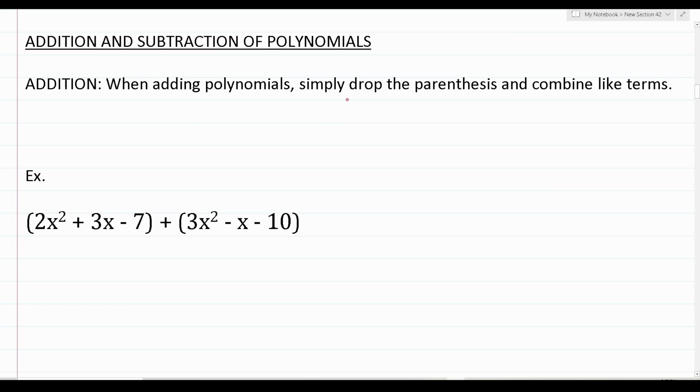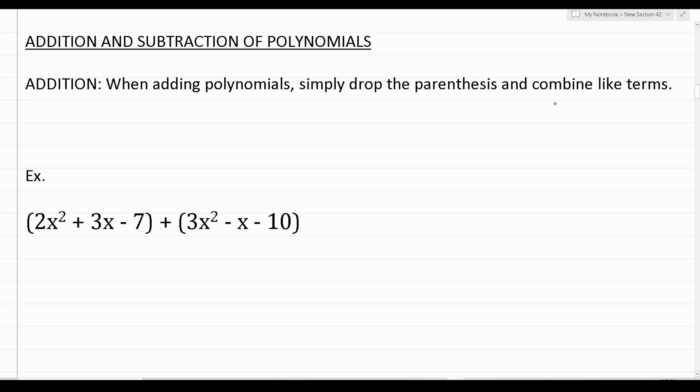All right, so with our knowledge of the definition of like terms, as well as our knowledge of polynomials in mind, let's go ahead and work on adding and subtracting polynomials. And as I stressed at the beginning of this video, this is very, very simple to do. So in order to add polynomials, you simply drop the parentheses and combine like terms.